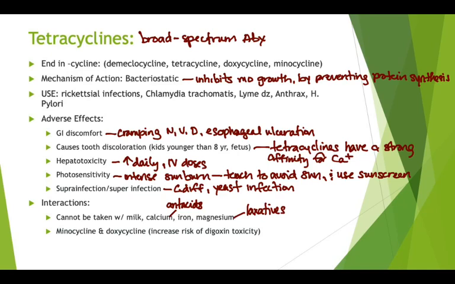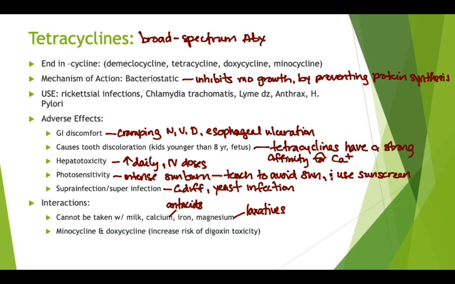And your class tetracyclines, these are broad spectrum antibiotics. These will all end in cycline. So your demeclocycline, your tetracycline, your doxycycline, and your minocycline are all parts of this class.